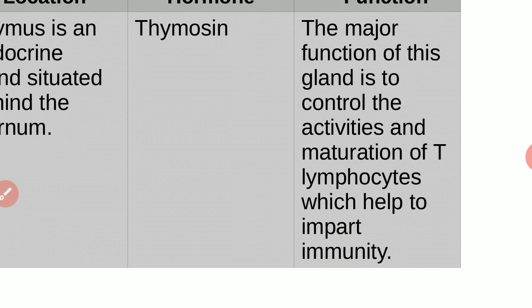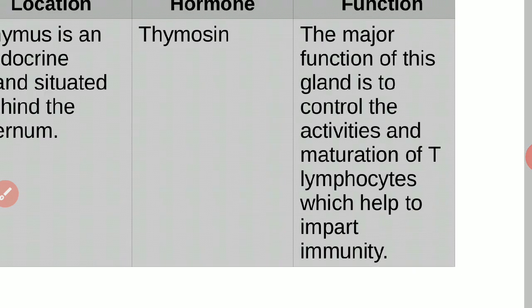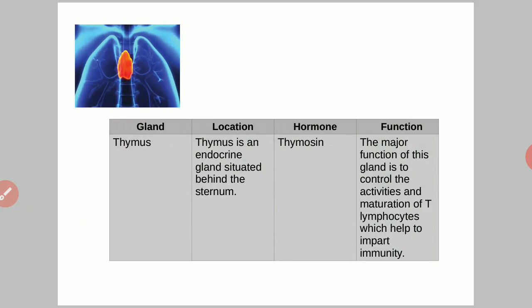Otherwise this hormone is also called the youth hormone. There is another name for this hormone, youth hormone. Why is it known as the youth hormone? The activities and maturation of T lymphocytes happen mainly during the infancy stage. This gland is very active during infancy. Okay, but it constricts as we reach puberty.